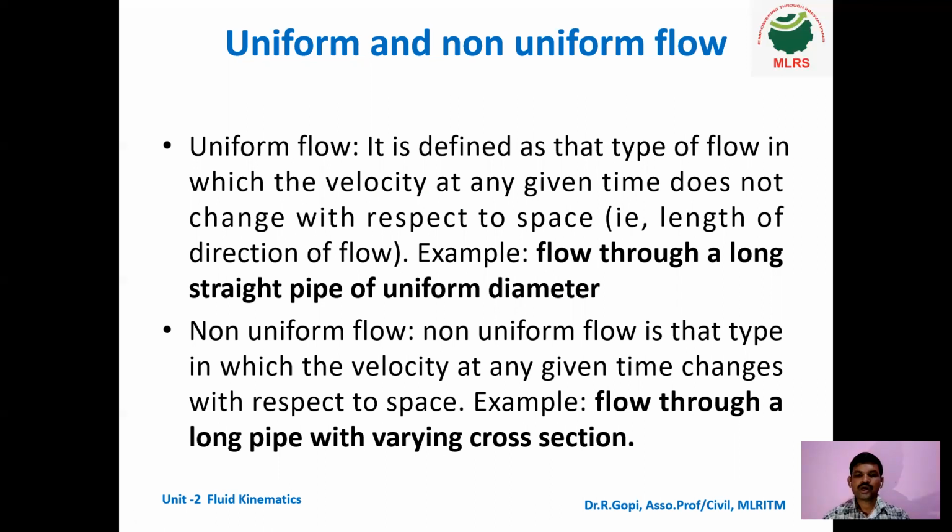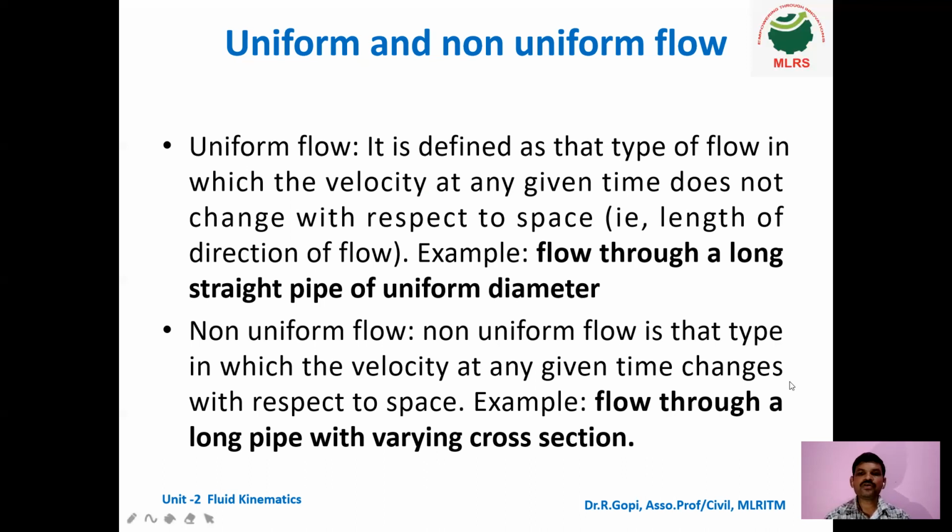Suppose we take a pipe, one end having a larger diameter and the other end having a smaller diameter. Now you can observe that when water is flowing, at the larger end the velocity is very low, but when it comes to the smaller diameter end, the velocity is more.